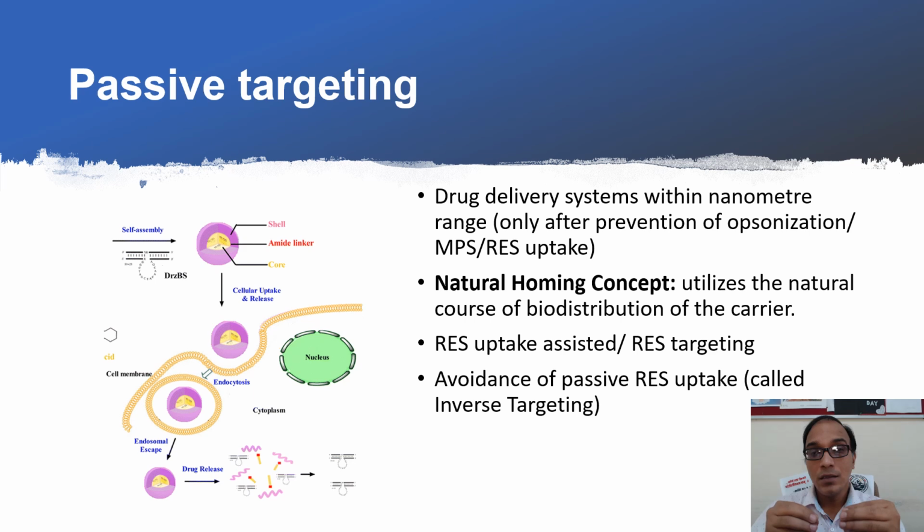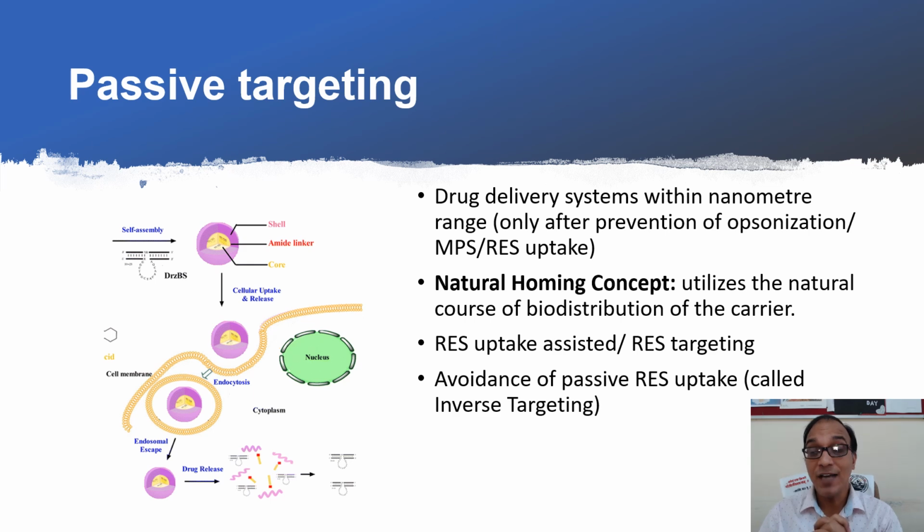The drug or any foreign agent, any xenobiotic, is biotransformed or taken up by the RES and taken to the RES organ. So this is a spontaneous process and the RES targeting is done automatically with the passive targeting. So RES uptake assisted targeting, we can also say, is the name given to passive targeting, that it is a RES targeting.